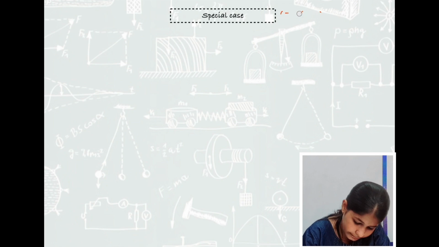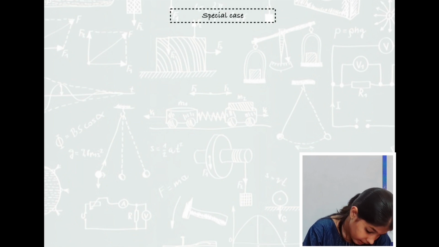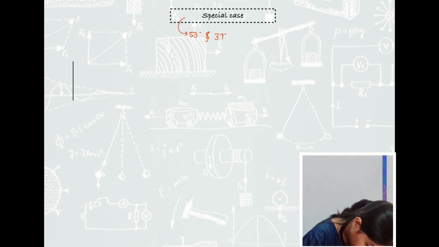Specific case for 53 degree and 37 degree. For understanding 37 degree, first of all, we need to make two triangles.